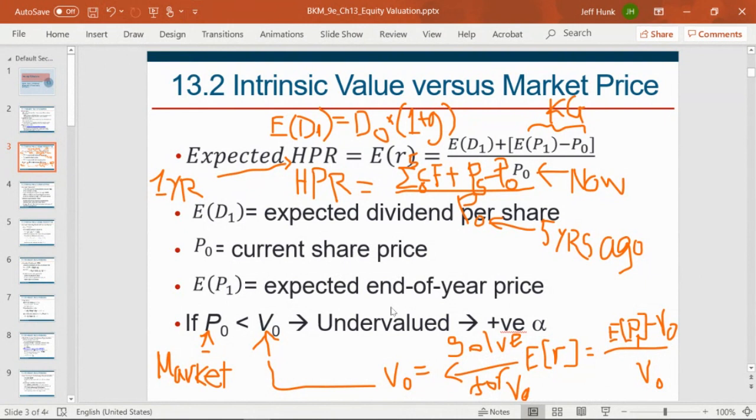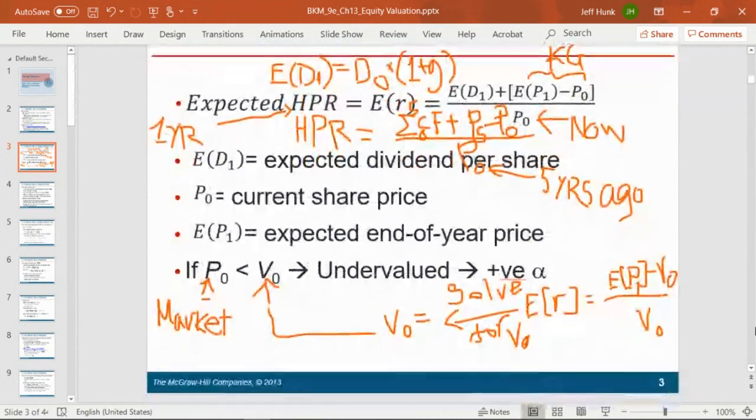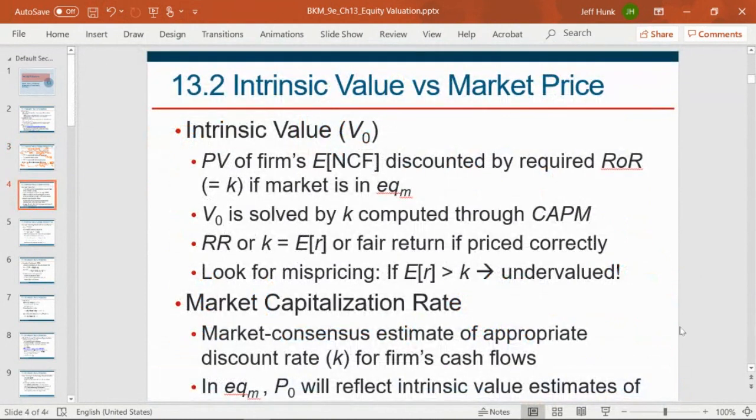But then there are 4 variations in that formula. So we already know those 4 models. Now, this is just the definition of what intrinsic value is. It's the present value of the firm's expected net cash flows, right?